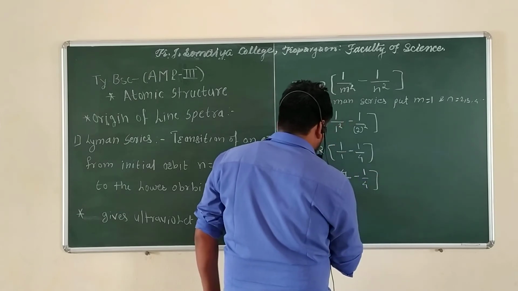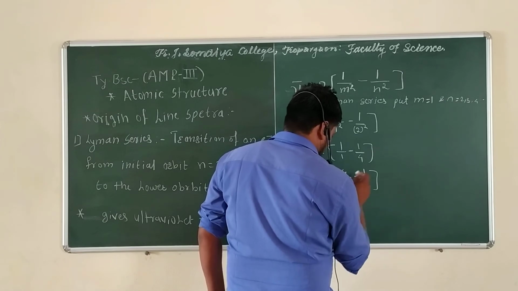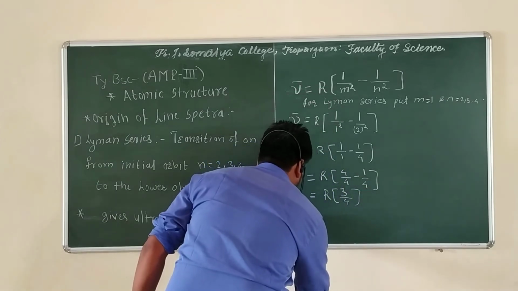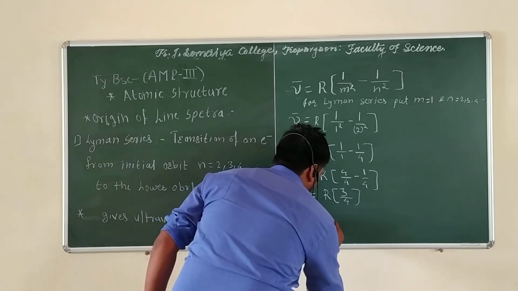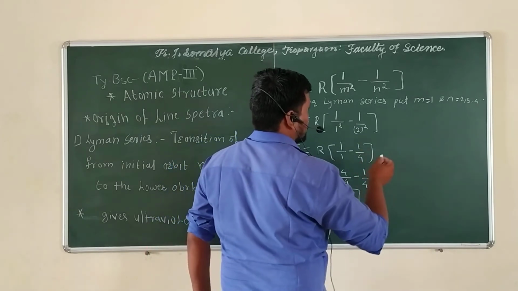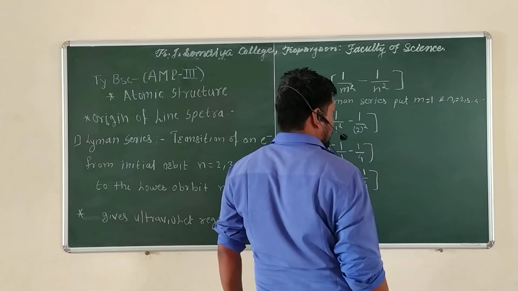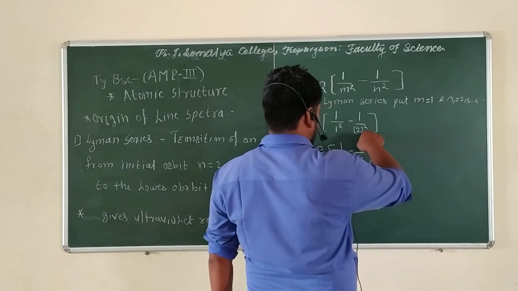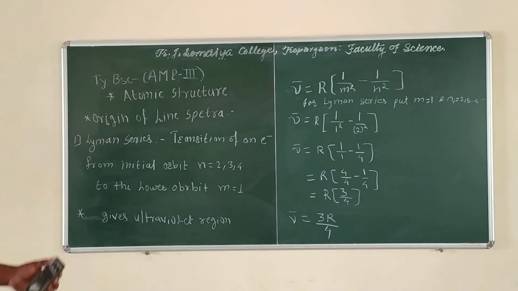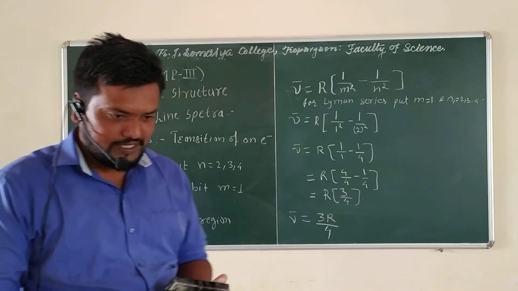So this is R into 4 minus 1, that is 3 by 4. So the wave number is 3R divided by 4. If you want other values, put n as 2, 3, 4, take three values, and do the calculation again. So this is the idea about the Lyman series of the hydrogen atom.